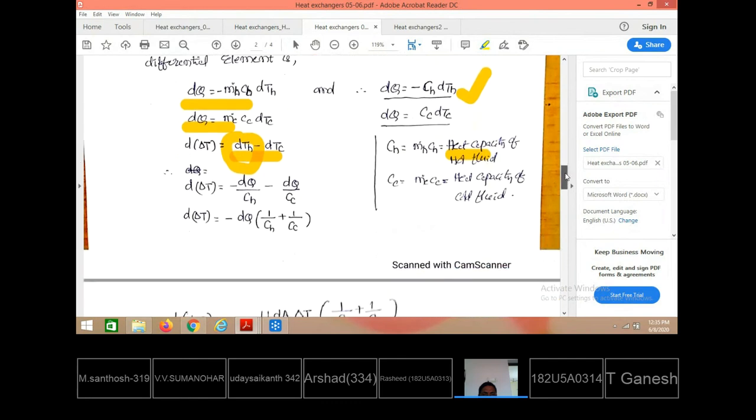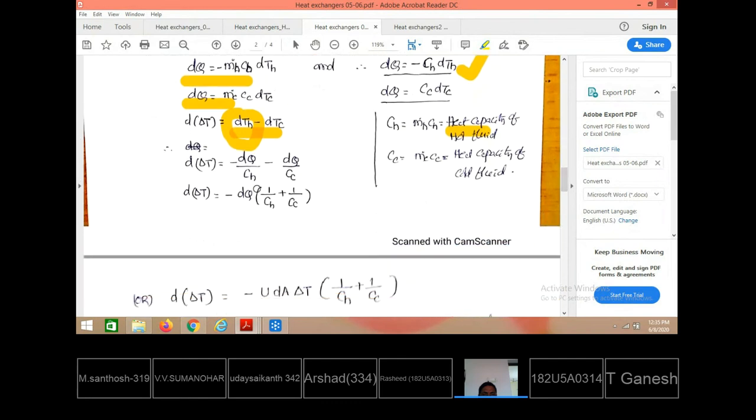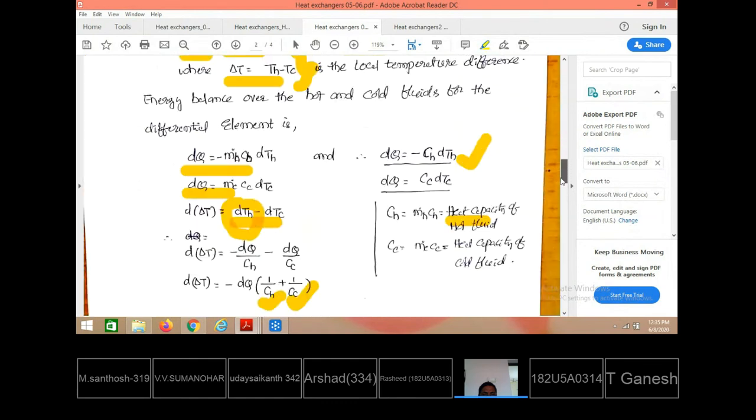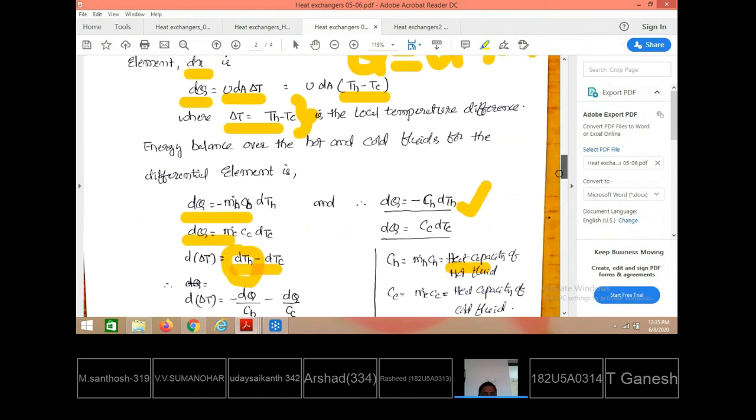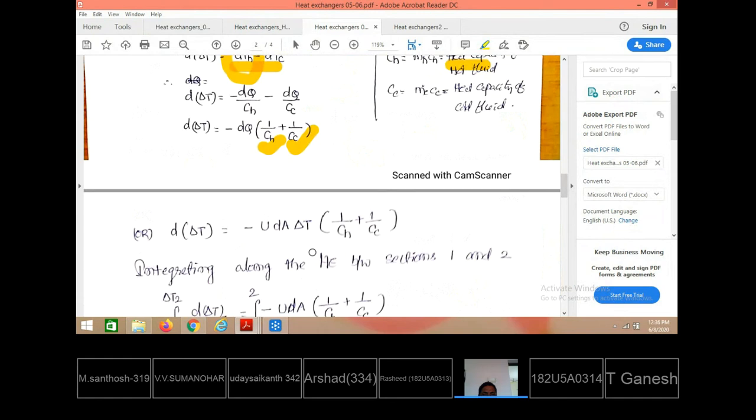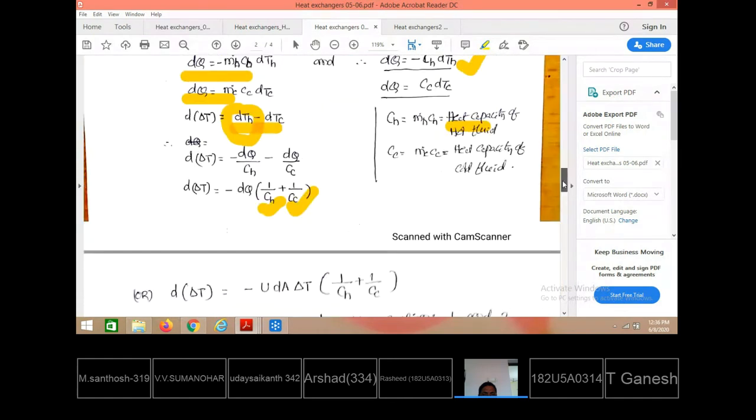In both cases, minus dq is common. So minus dq is taken out, times 1 by Ch plus 1 by Cc. These are the heat capacities of the hot fluid and the cold fluid. Then d of delta T can be written, using U into dA, as delta T, Th minus Tc, into 1 by Ch plus 1 by Cc.